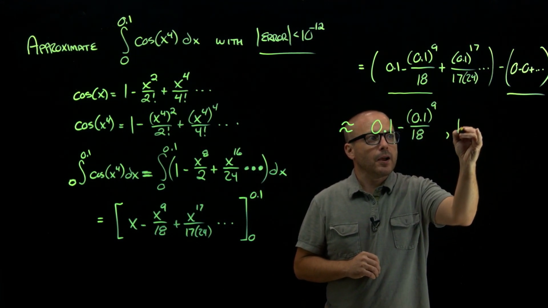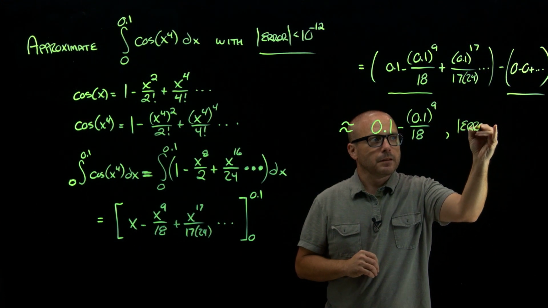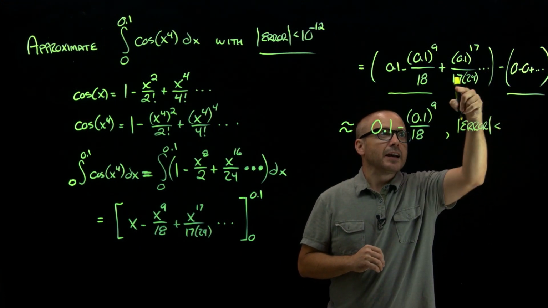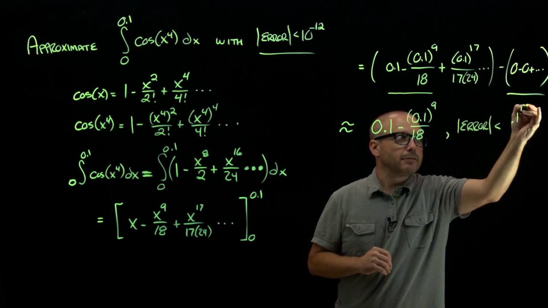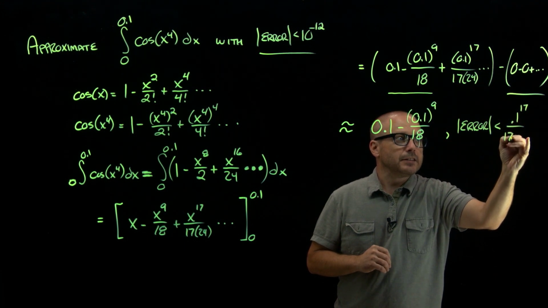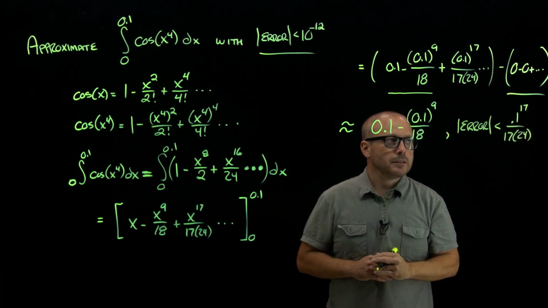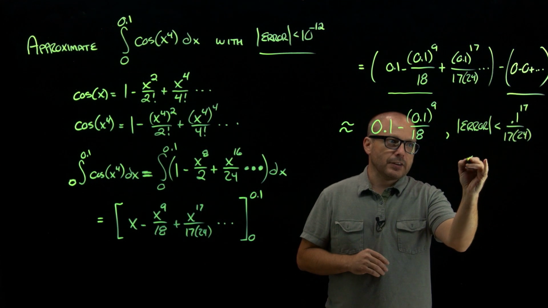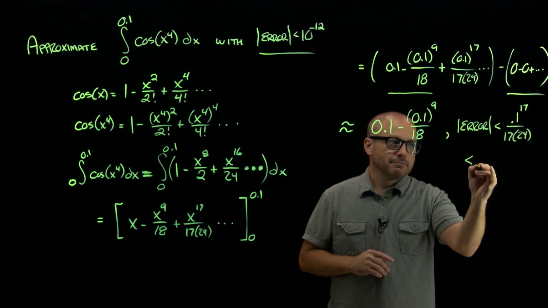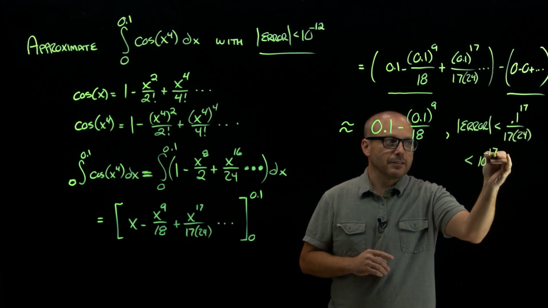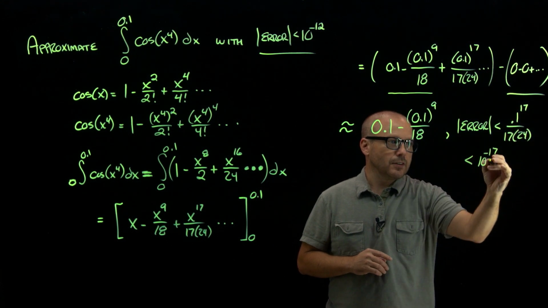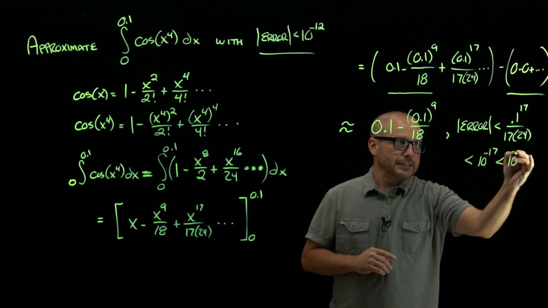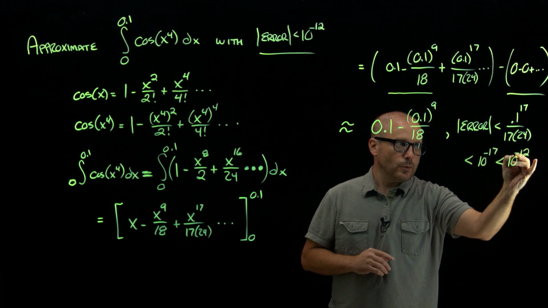Well, I know that my error magnitude is less than my next term, 0.1 to the 17th over 17 times 24. But that's definitely less than 10 to the negative 17th, right? Because that's 10 to the negative 17th divided by something big. And clearly that's less than 10 to the negative 12th.